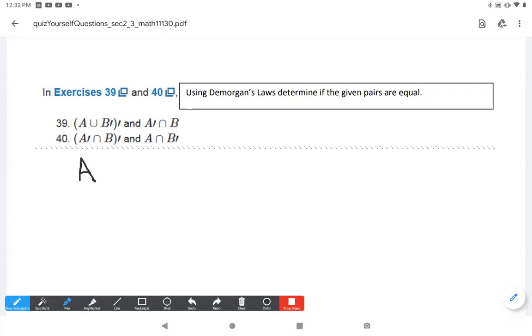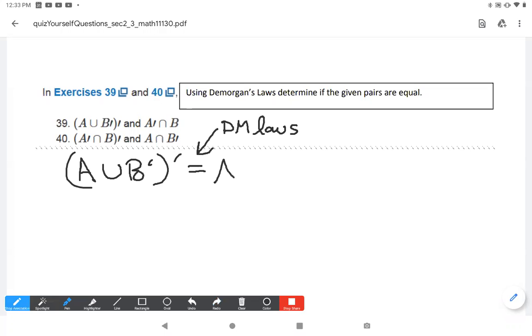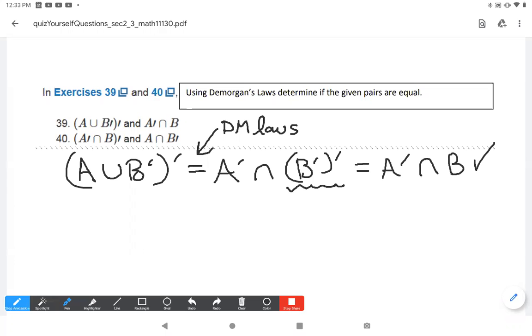A union B, complemented, is, according to De Morgan's law, distribute the negation, flip the sign. Now we have to clear up the fact that when you negate a negation, you get back the original. So A complement intersect B. And that is the second side. So yes, these are equal.